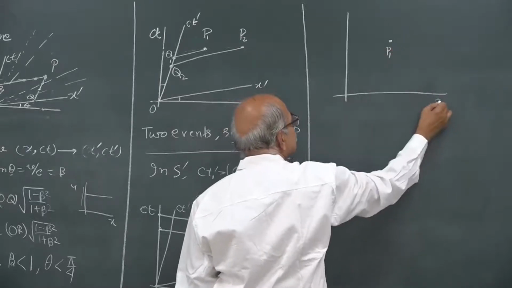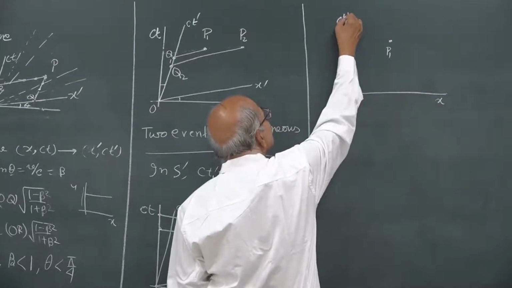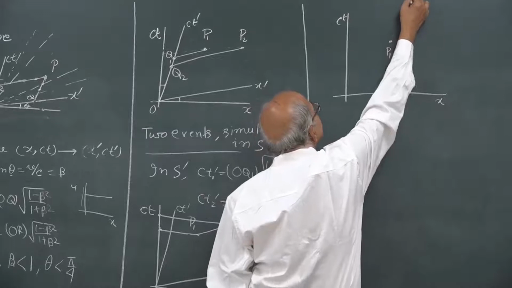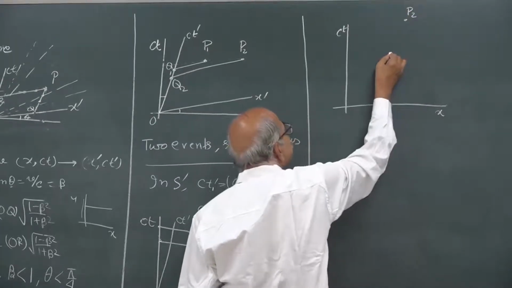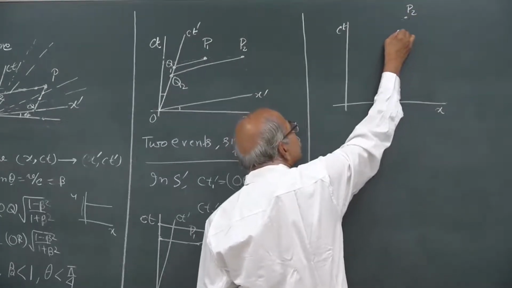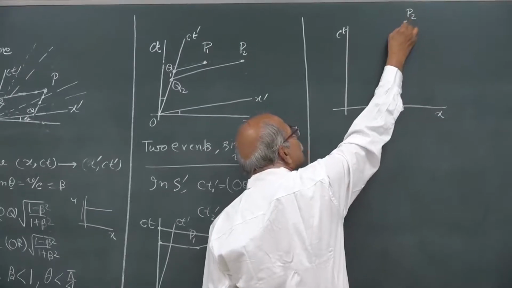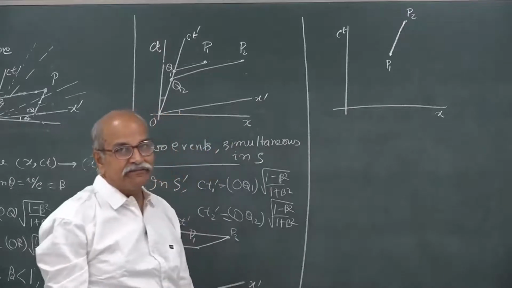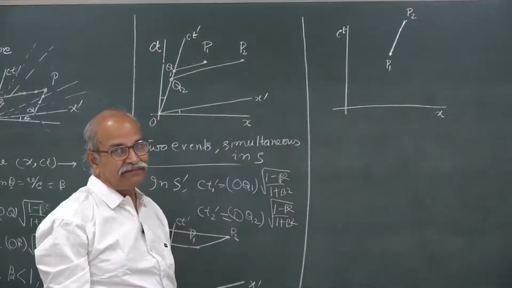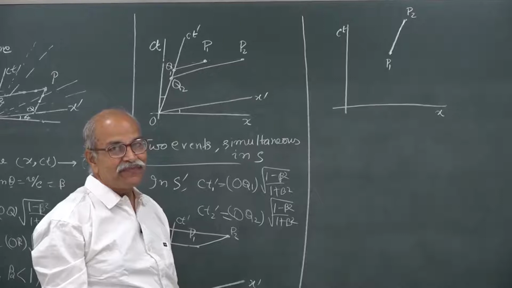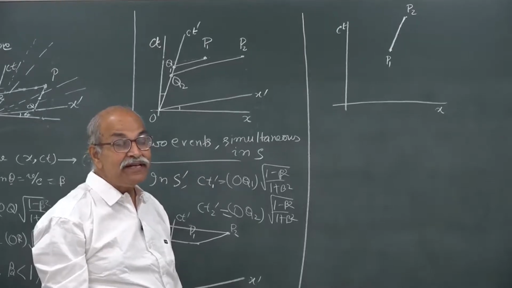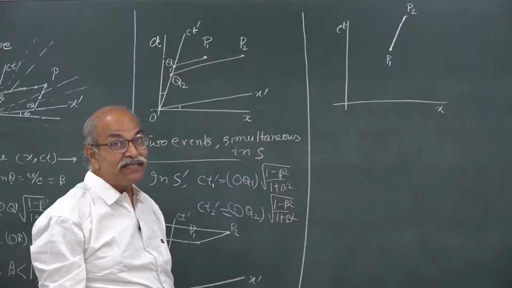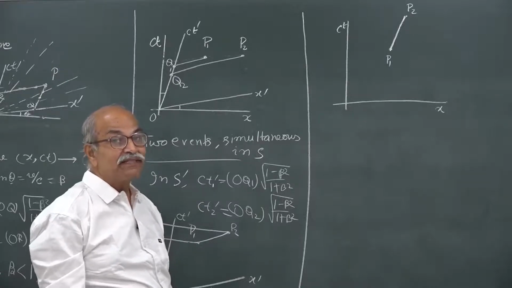P1 is represented by this point and P2 is represented by this point, and purposely I have drawn it this way that the slope of this P1 P2 is more than 45 degrees. My question is, can I find a frame in which these 2 events are simultaneous?